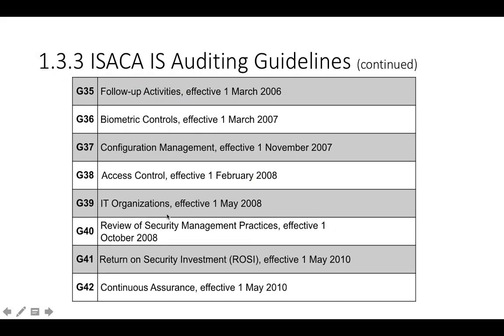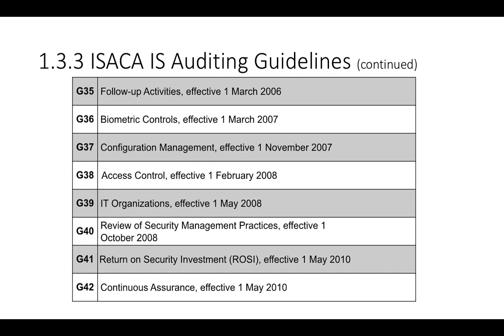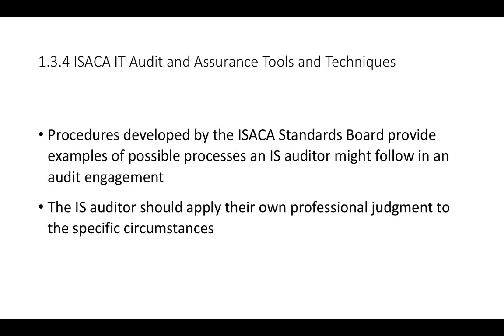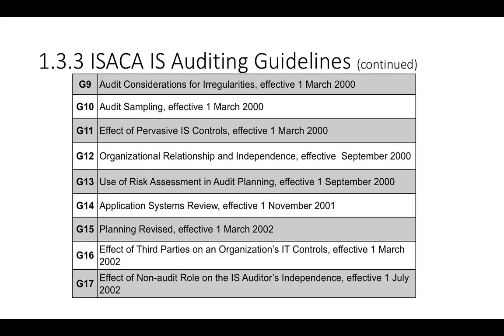There's a long list here. You have follow-up activities, biometrics, all these things fit together. If you pick any one of these at random, you can see that these things matter to an organization. Maybe some of the things are missing in small organizations, but at one point you should implement them. All right, so it's a big discussion on the standards and also guidelines.